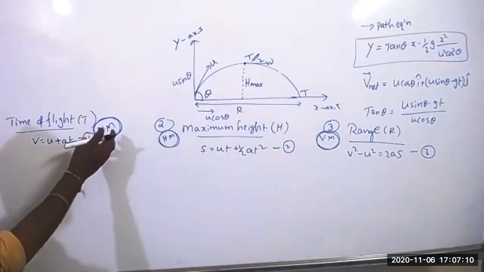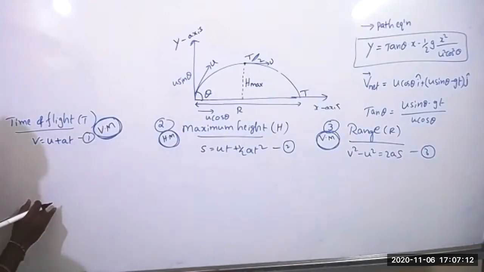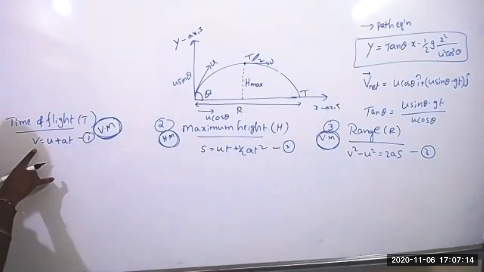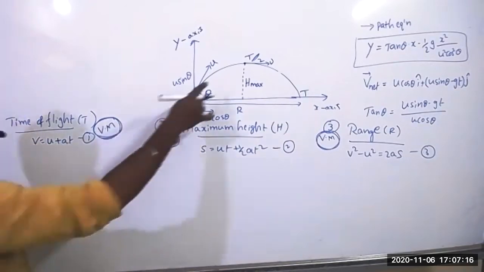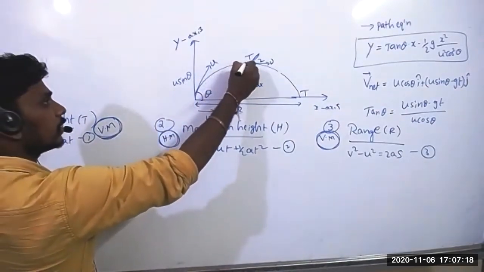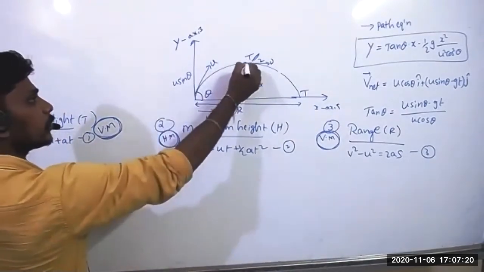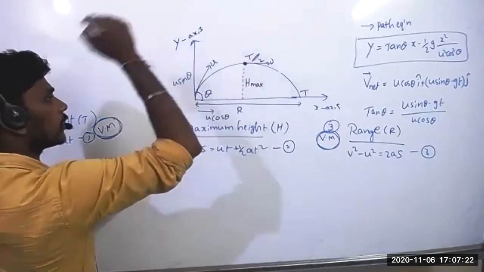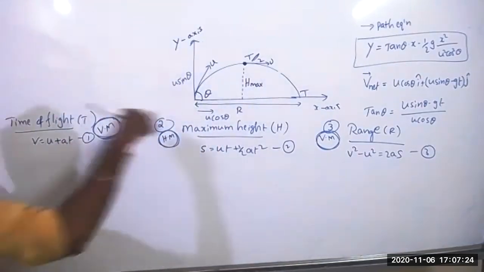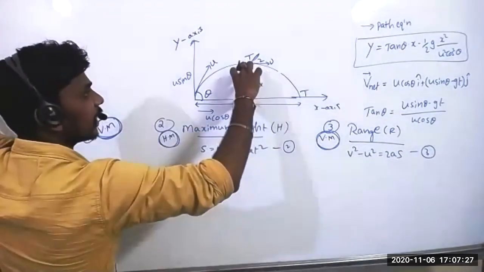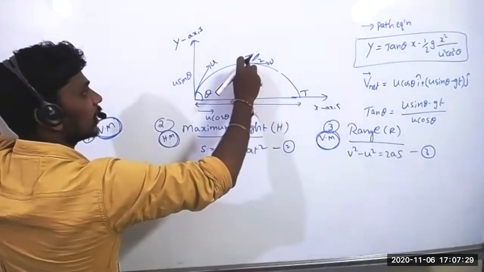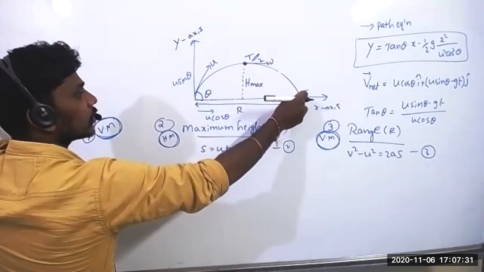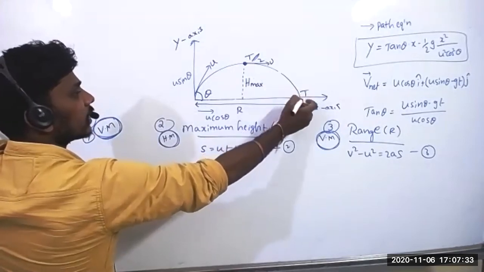Now see, I am going to apply for vertical motion. In the vertical motion, I am going to talk about time of flight. Time of flight means at this point, the vertical direction is 0 here.